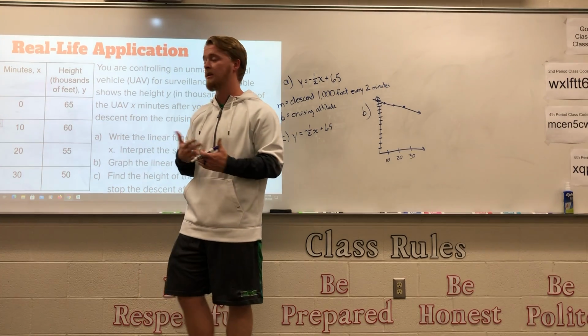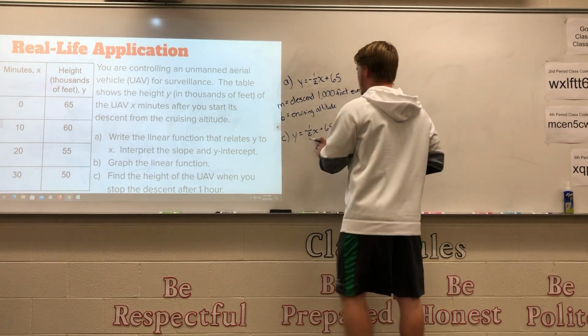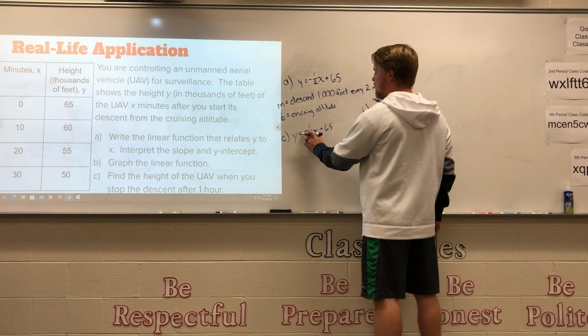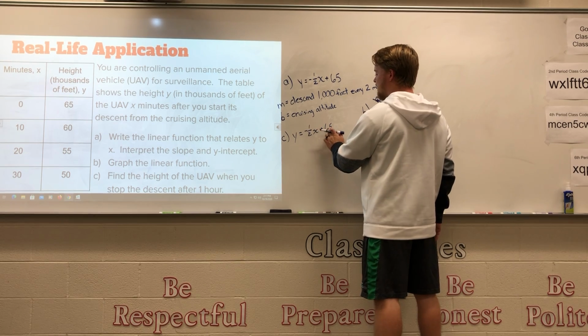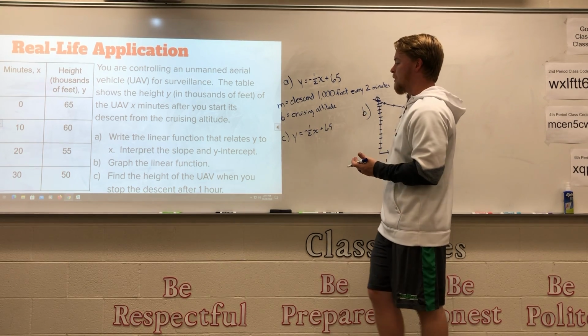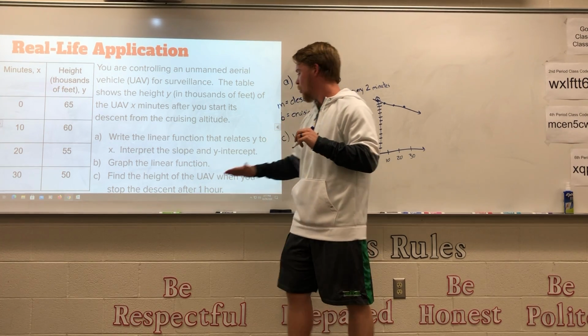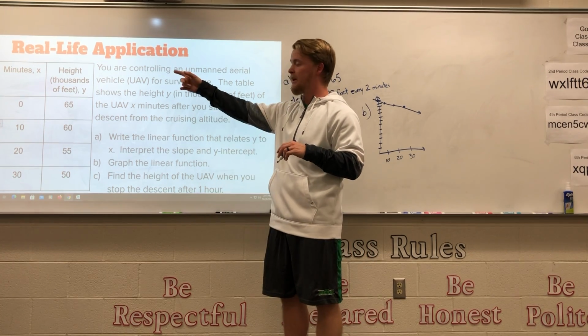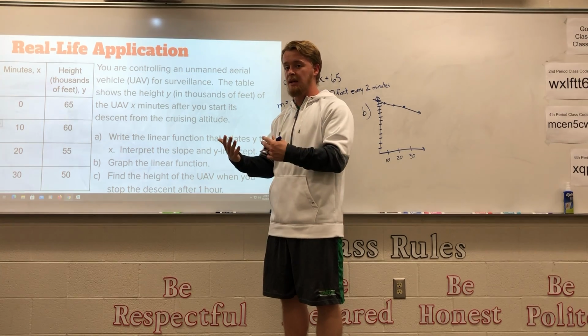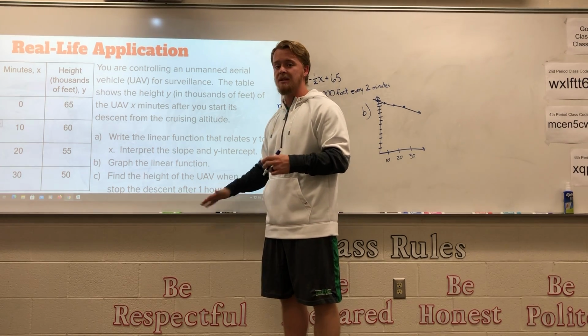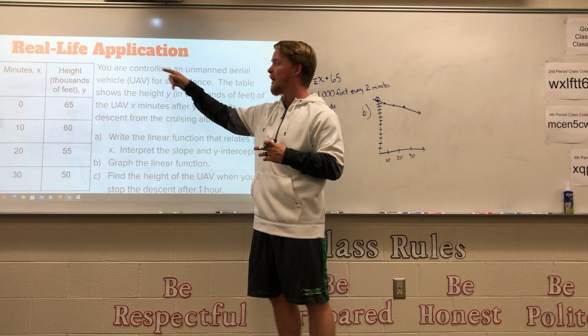Okay, so kind of going back to the whole table thing. This is the equation we use. Y equals negative 1/2 x plus 65. So first thing is, if we're given 1 hour, 1 hour is how many minutes? 60. So 60 minutes is what we're going to plug in for x.